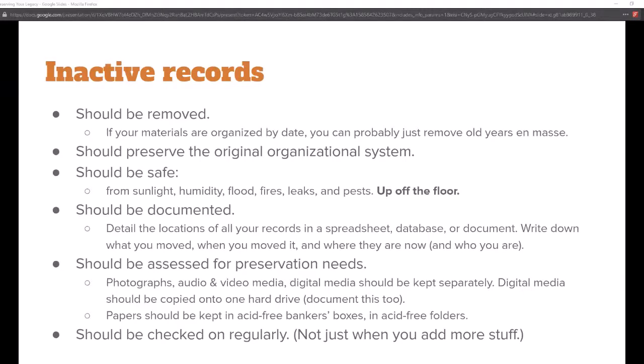So if you have USB sticks, you really want to copy the stuff off of those USB sticks onto your one hard drive to remove them all as quickly as possible. Photographs are more inclined to disintegrate no matter what the conditions, so you need to keep a harder eye on those. Things like audio and video media, cassettes, VHSs, Betamaxes, 8-tracks. The longer you leave them, the harder it is to access them. So you should be keeping them separate and worrying about them degrading, but you should also be thinking about digitizing them. And I think we're going to talk about that now.